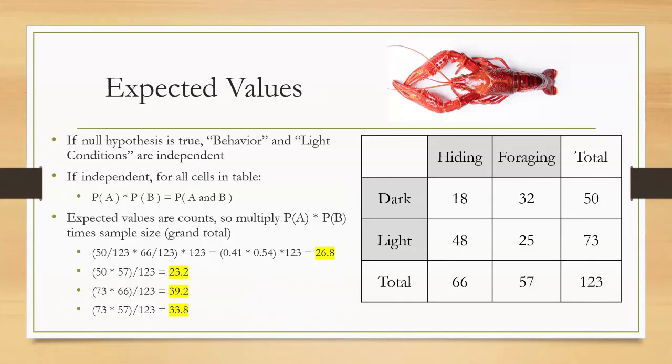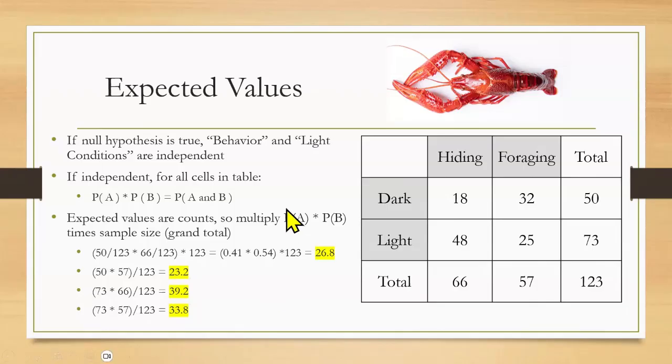In the chi-square test for goodness of fit, we had expected values based on something that we planned ahead of time, whether it was proportions based on Mendelian inheritance, or whether we thought things were going to be equally likely, or we had some reason for saying, I want to see if my data matches this pattern. All right, so our expected values were something that we just calculated based on a prediction. Our expected values for chi-square tests for independence are going to come from the data themselves.